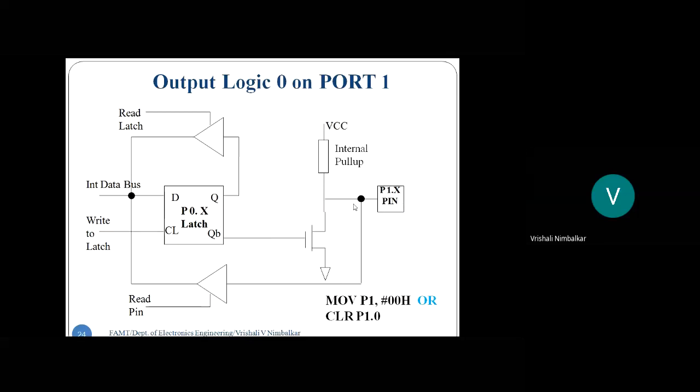The circuitry is inside the microcontroller, and this is the 40 pin we normally use, P1.X. There is an internal pull-up already present. I have shown one box, which is again a MOSFET structure acting as a resistor, an internally active pull-up.